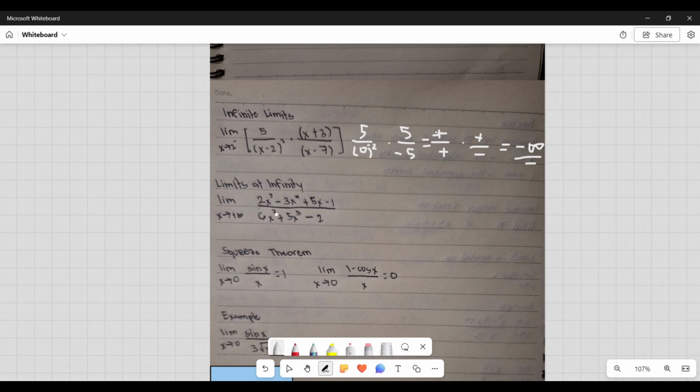So we can ignore all of these lower degrees. We can just focus on the greatest degrees, which is 2x to the 7th over 6x to the 7th. So the answer is 2 over 6, or 1/3.